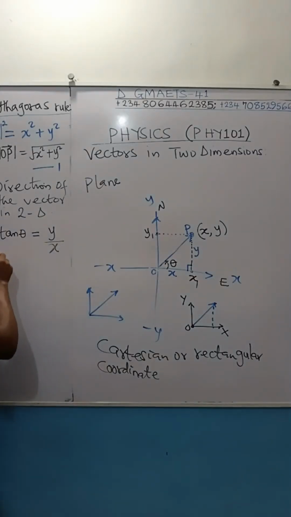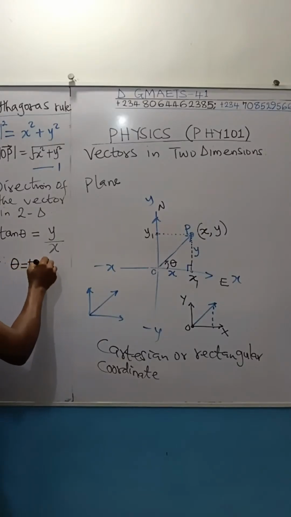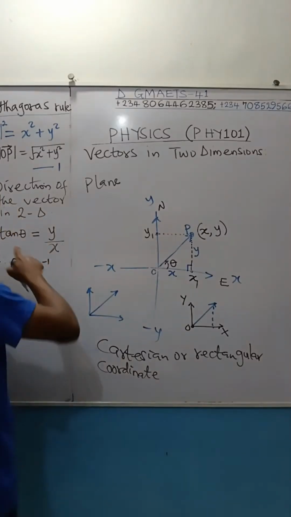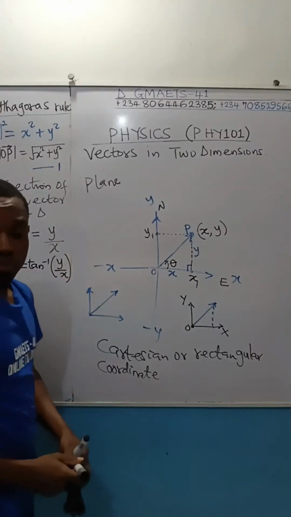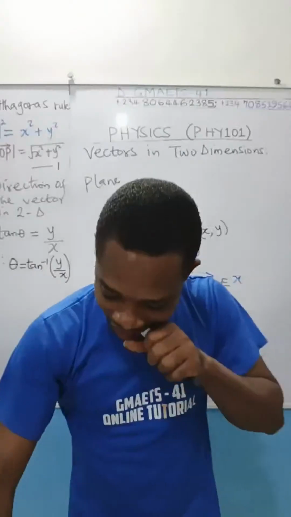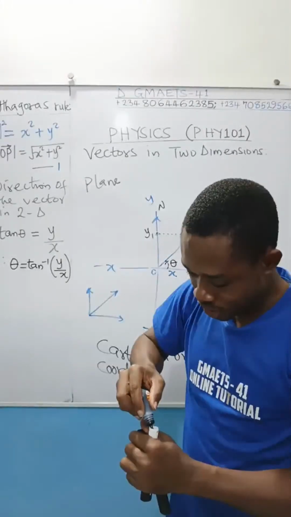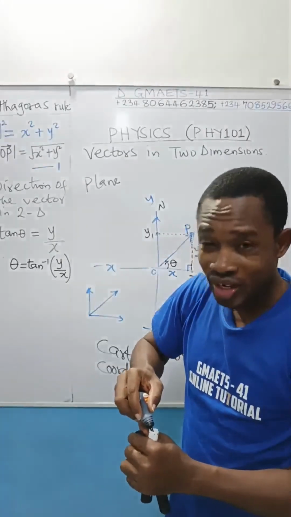Now, to get the value of theta, which is the direction, theta is now equal to tan inverse or arctan. You're taking the tan to the right-hand side: y over x. That is tan inverse of the opposite over the adjacent. Here's my marker. I hope we are learning.